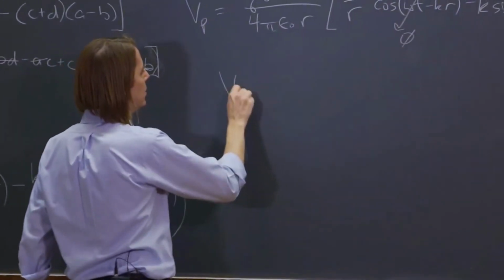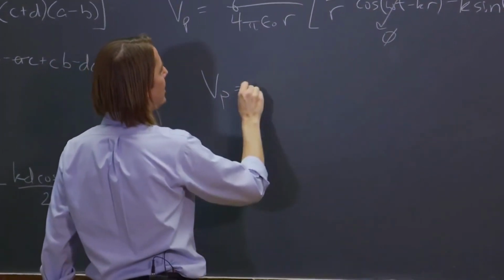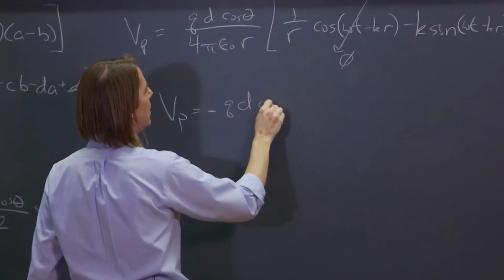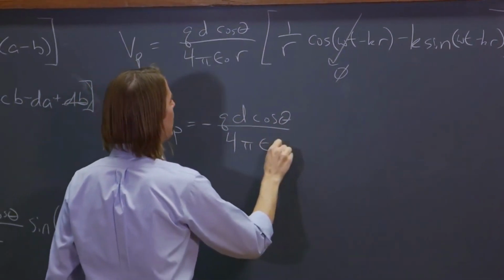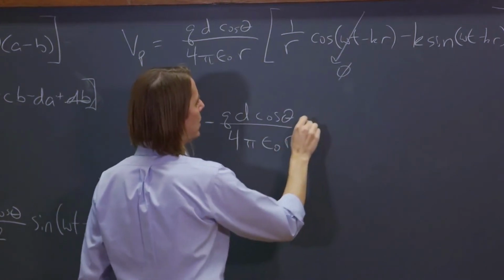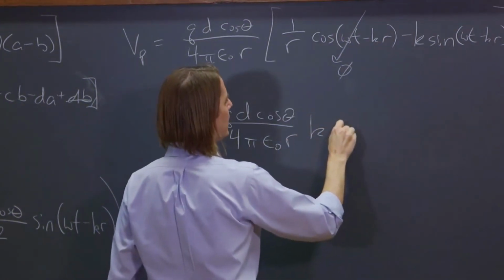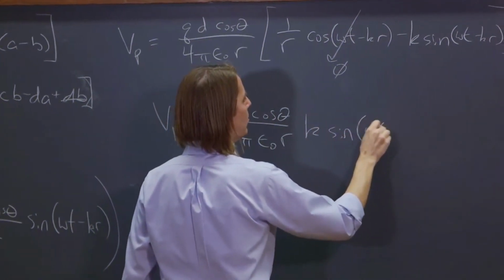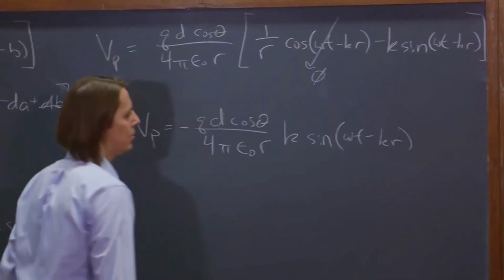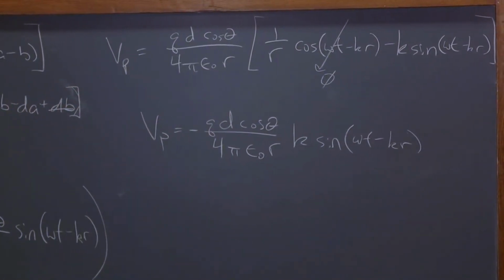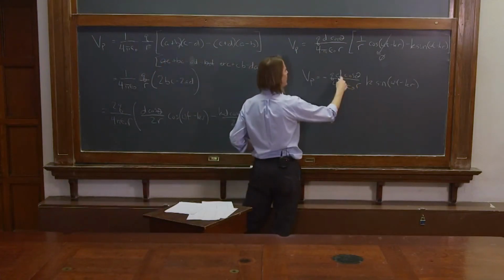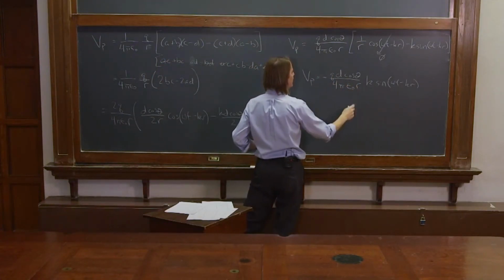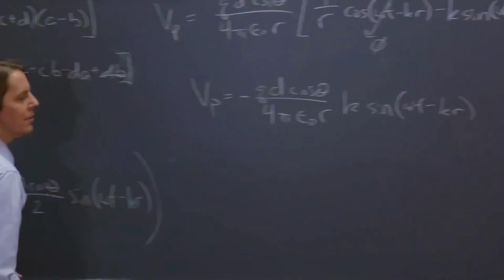The potential at point P is minus Q d cosine theta over 4 pi epsilon naught r times k sine omega t minus kr. All right, and the k could have gone in the top, I suppose. Everything's there. The wavelength, the separation, the charge, the position we're at, the frequency. It's all in there.